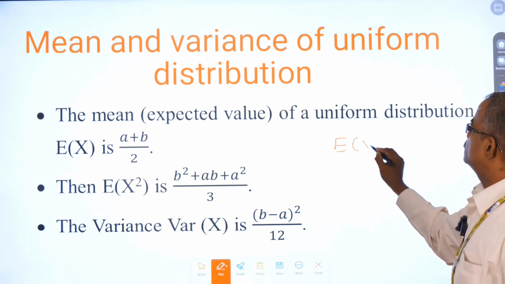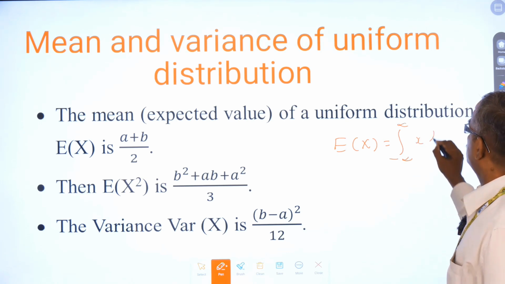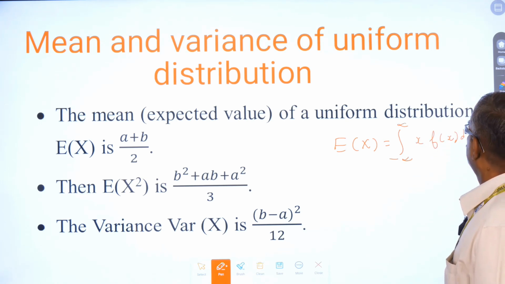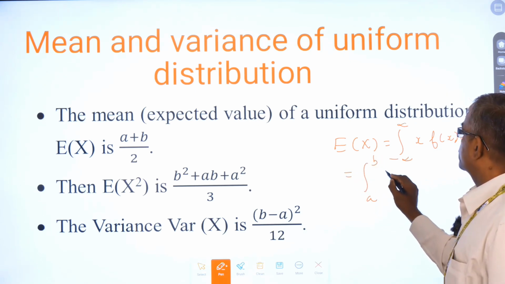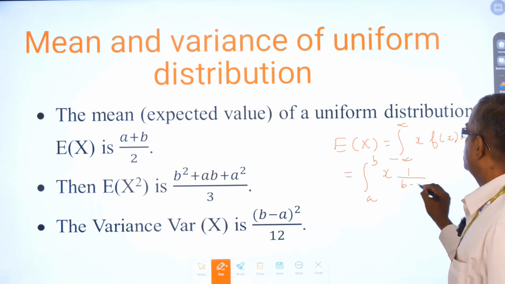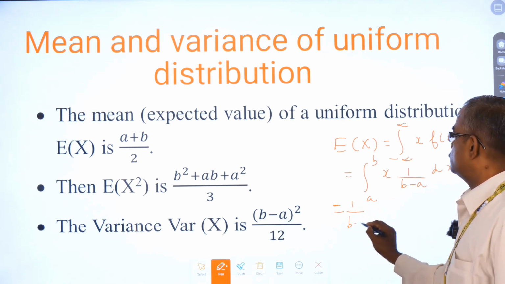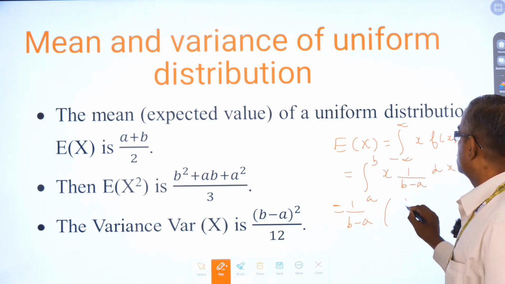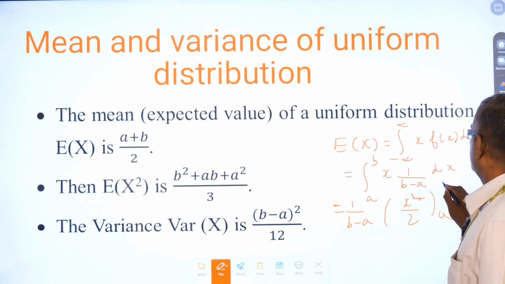E of x equals the integral from minus infinity to infinity of x into f of x dx. Here our function is nonzero from a to b, so it is x times 1 by b minus a dx. Since 1 by b minus a is a constant, integrating gives x squared by 2 with limits a to b.